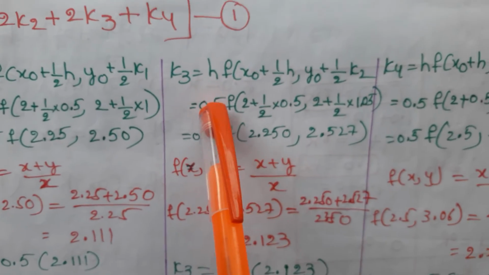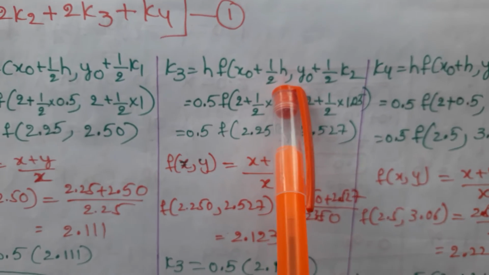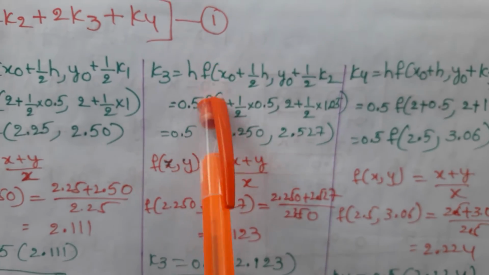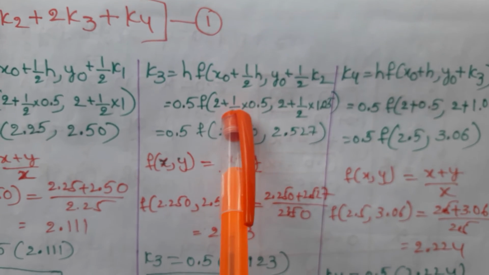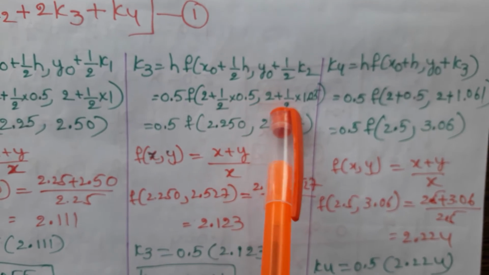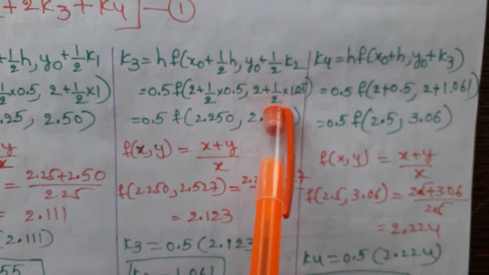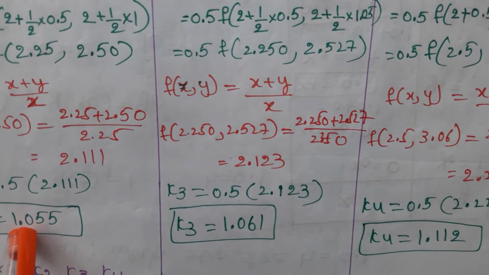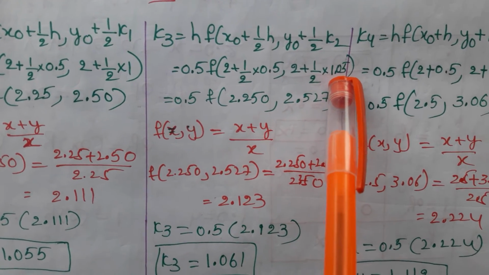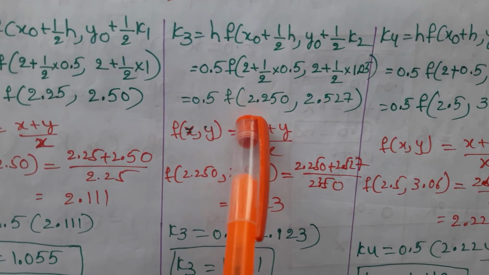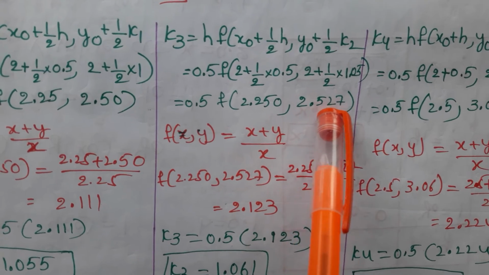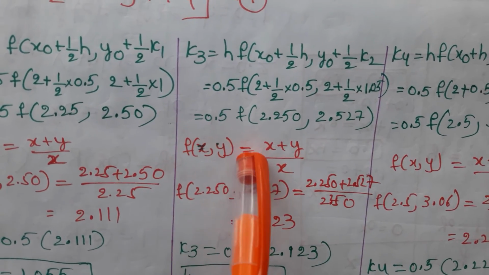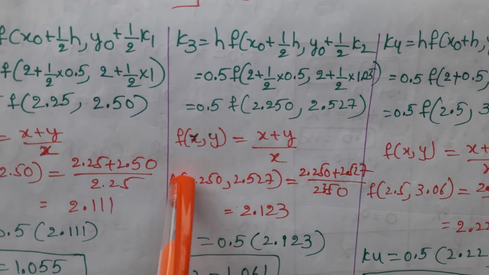And k3 is h into f of x naught plus 1 by 2 h comma y naught plus 1 by 2 k2. So h is 0.5, x naught is 2 plus 1 by 2 into h, that is 0.25, and y naught is 2 plus 1 by 2 into k2, where k2 is 1.055. So 0.5 into f of 2.250 comma 2.527. This is in the form of x comma y, so f of x comma y is equal to (x plus y) by x.